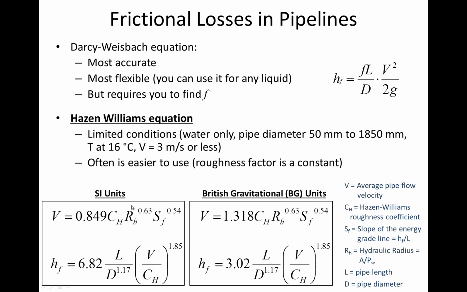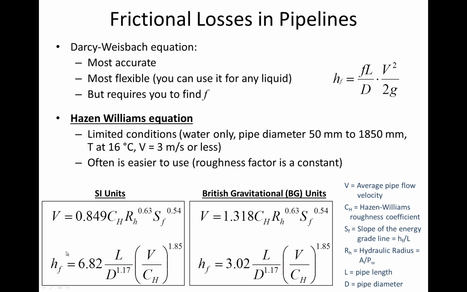Based on the flow geometry, the hydraulic radius here, of course, is the area divided by the wetted perimeter, and the slope of the energy grade line, S sub F. And the energy grade line slope is defined as the head loss through the pipe between 2 points, divided by a certain length over which the 2 points are separated. So you can find the slope of the energy grade line if you know, for example, the pressure drop over a certain length of pipe.